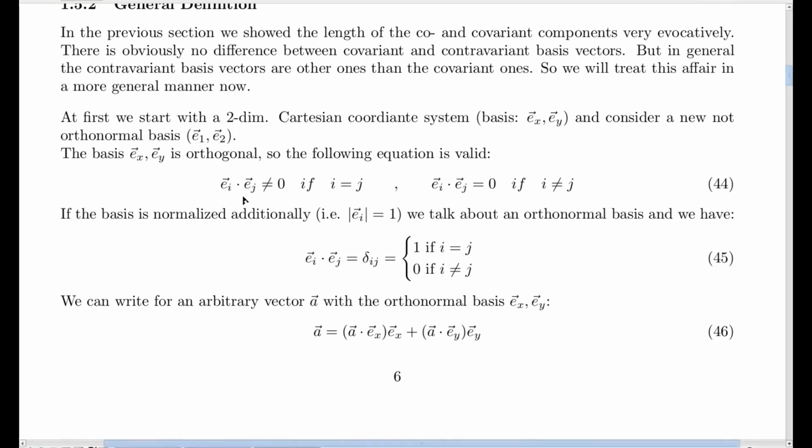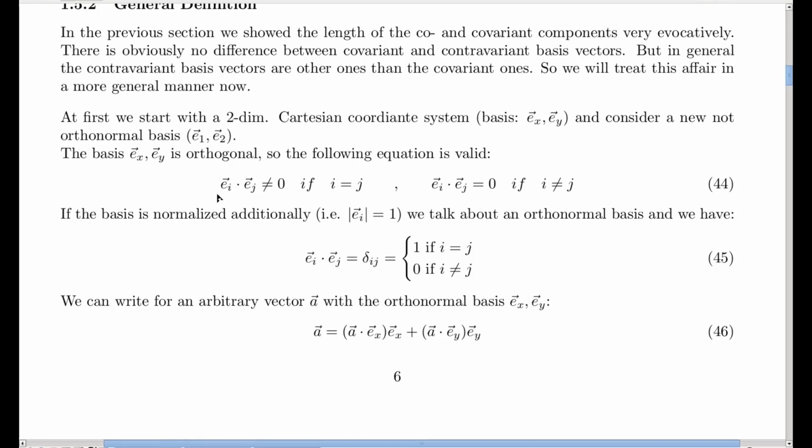So if we have two basis vectors E1, E2, or general Ei and Ej here, the scalar product has any value unequal 0 if the indices are equal, and the scalar product vanishes if the indices are unequal.